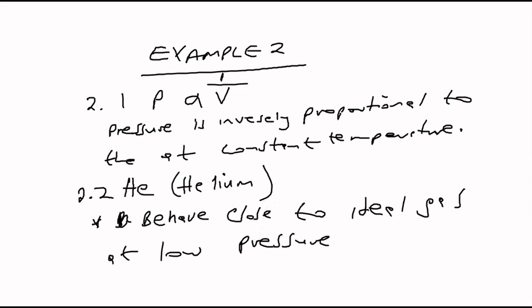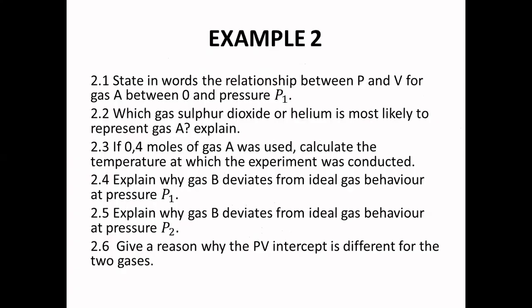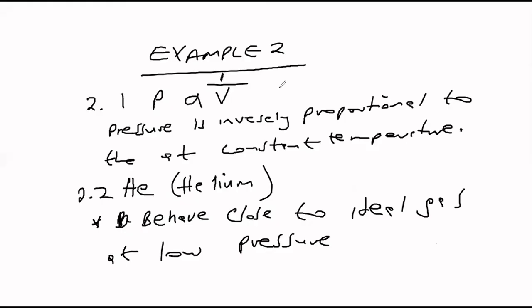Okay, let's go to the next question. 2.3. If 0.4 moles of gas A was used, calculate the temperature at which the experiment was conducted. Let's do that quickly together. For 2.3, we're given the number of moles n, which is 0.4 moles.